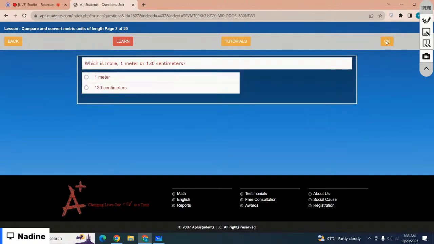Okay, which is more, 1 meter or 130 centimeters? So which is the correct option? In 1 meter you have 100 centimeters, right?